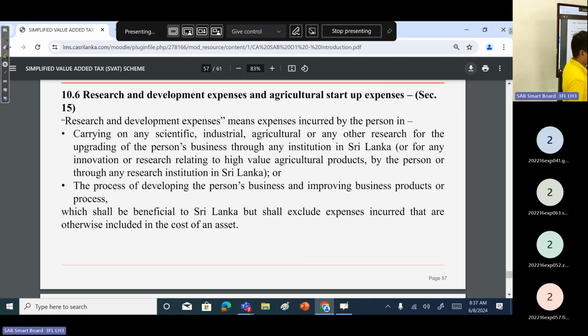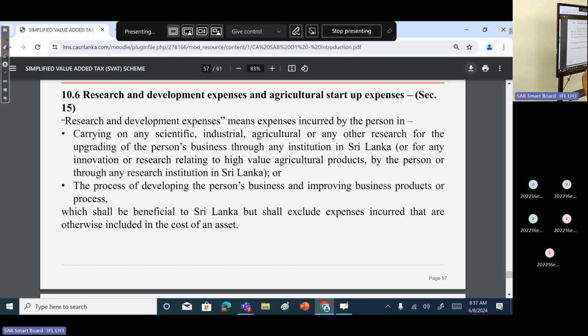We have to give up that project. So even though that is there, that it is not necessary to generate income, we can claim that. Right? It says means expenses incurred by the person in carrying on any scientific, industrial, agricultural, or any other research or the upgrading of a person's business through any institution in Sri Lanka. Any institution in Sri Lanka.